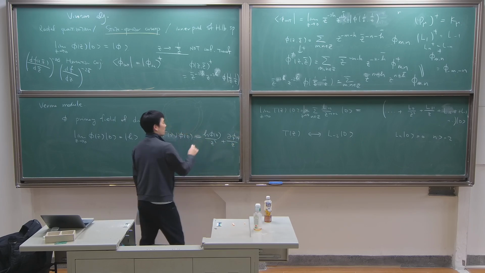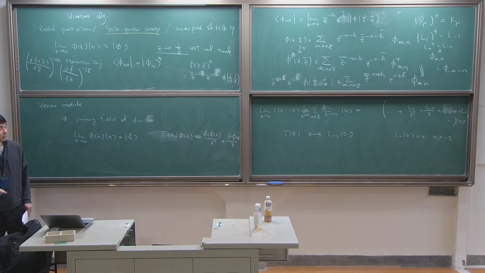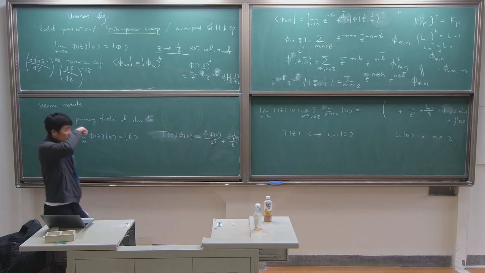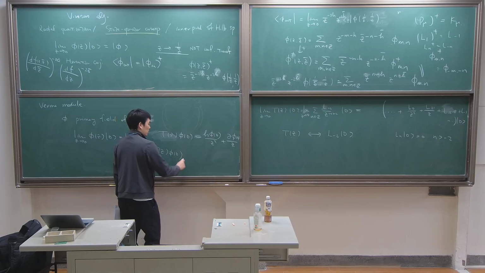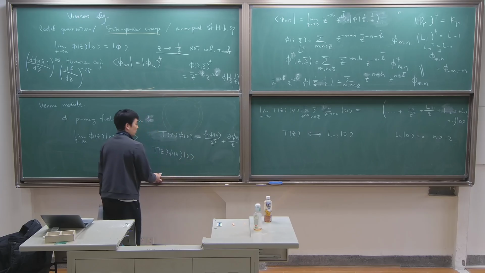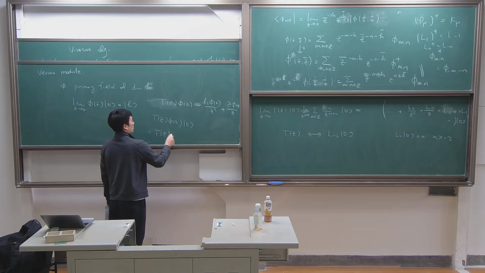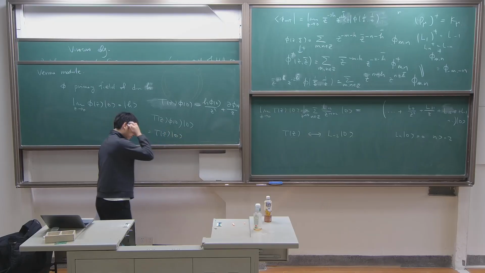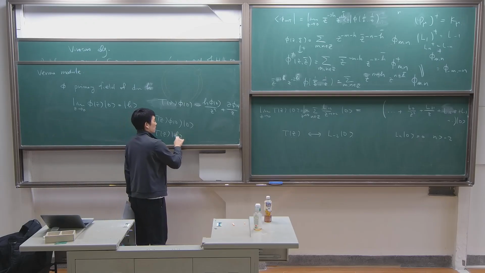That's the OPE of a primary field. Is it clear? Then if T(z) phi(0) acts on |0>, this means the state |h>.